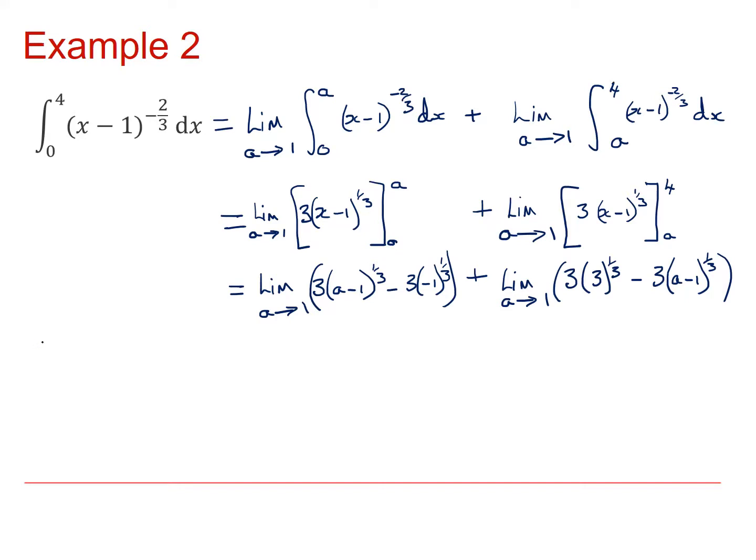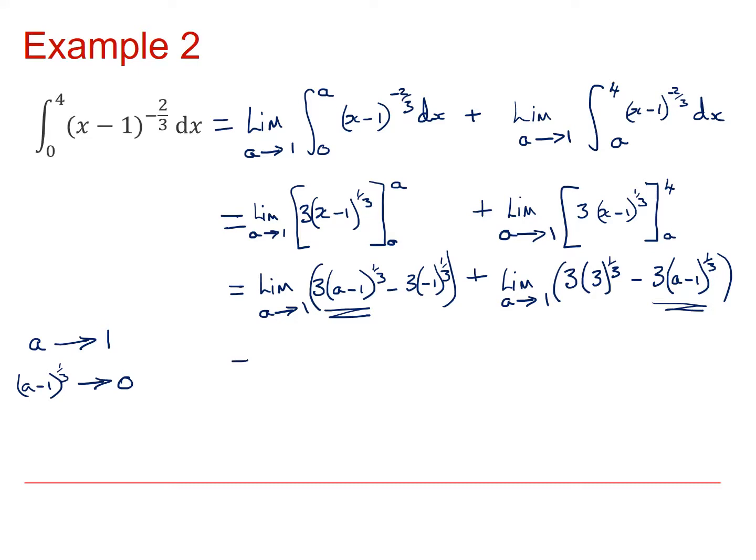Okay, so what happens as a tends to 1? (a minus 1) to the 1/3 tends to 0. And so this part and this part of our result are going to disappear.